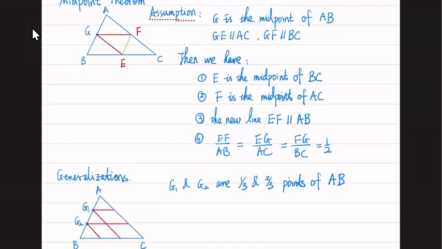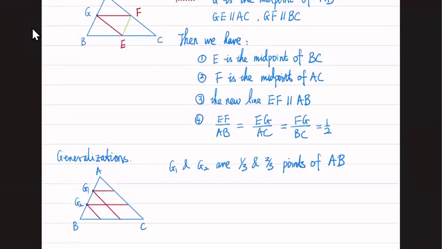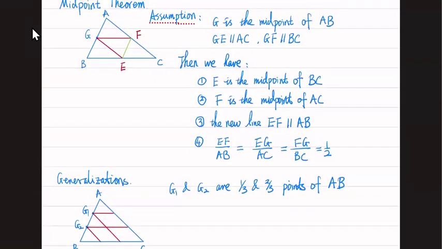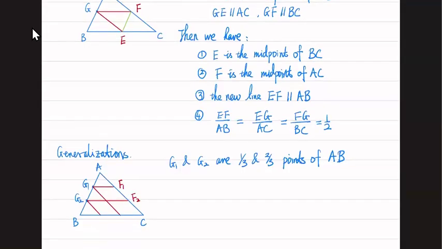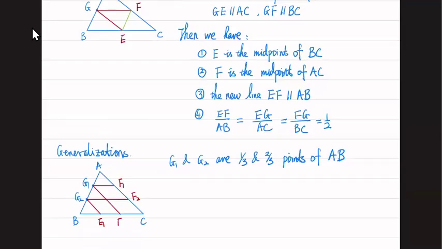Let's label the point similar to what we have done before. I call this F1, F2. Then the same conclusion holds. Okay, the second step, the same, draw parallel lines.